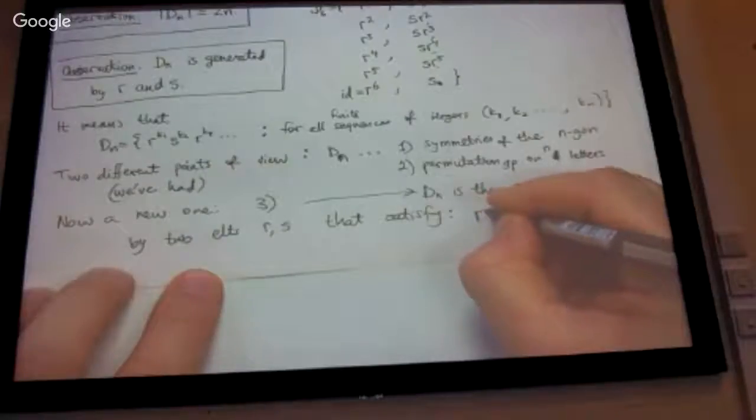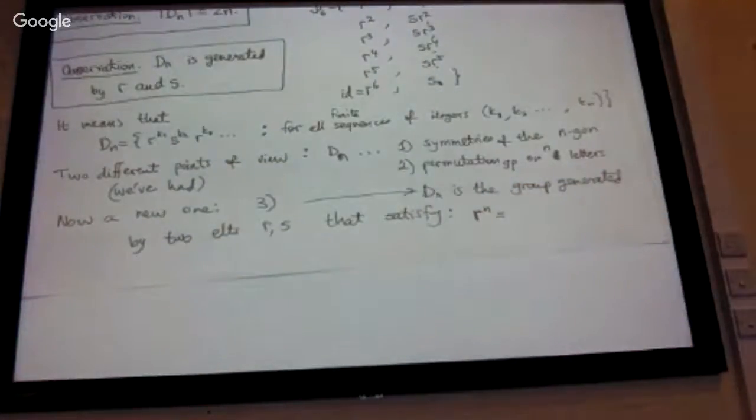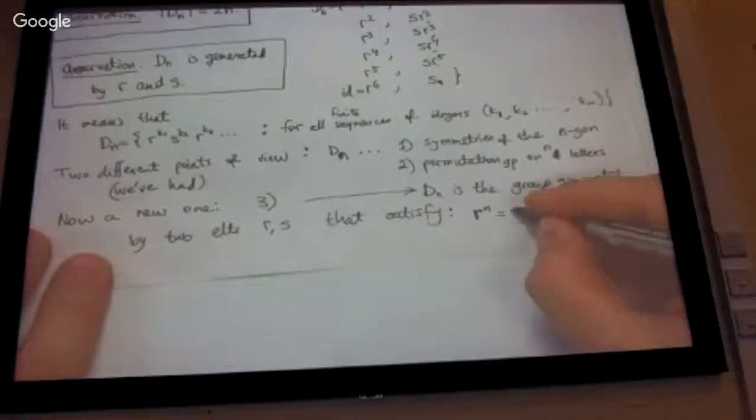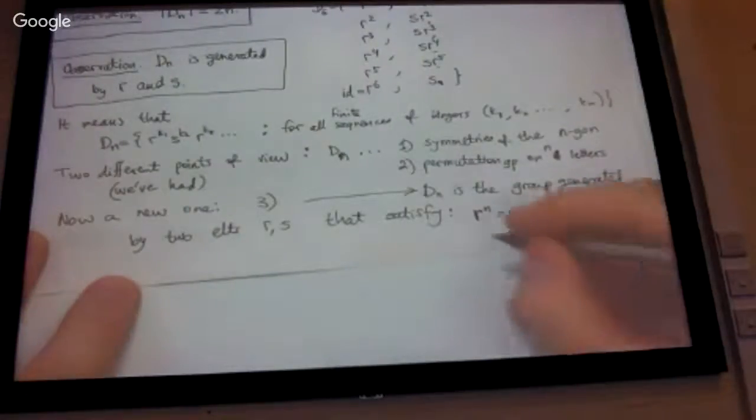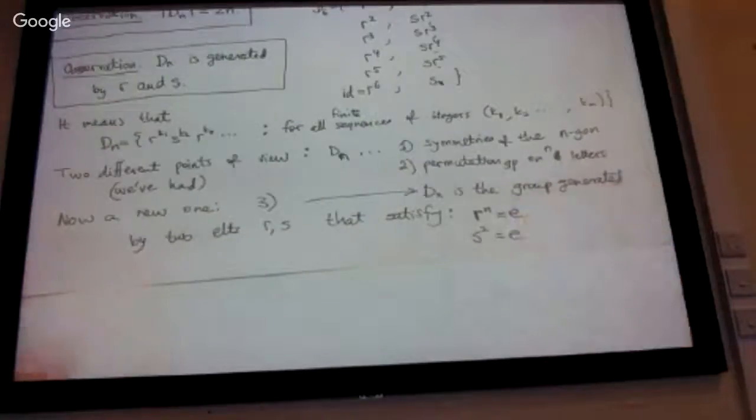When you do the rotation n times, you get the identity. When you do the reflection twice, you get the identity.